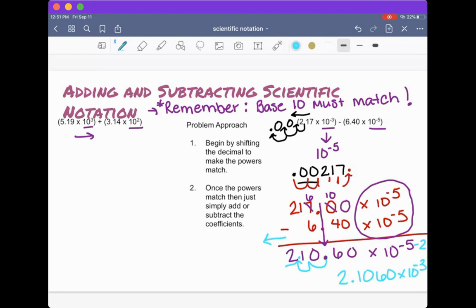There's my answer. On the next couple slides, you're going to practice manipulating your powers. You can use your calculator. Remember, you have your Wabbit calculator emulator on your desktop, so you can use that if you'd like.